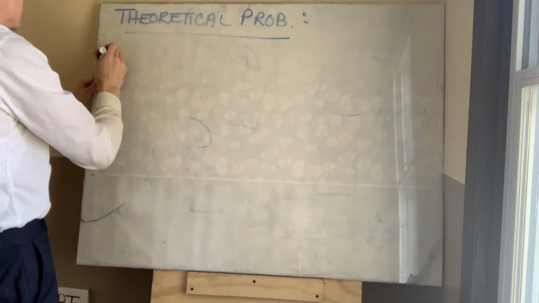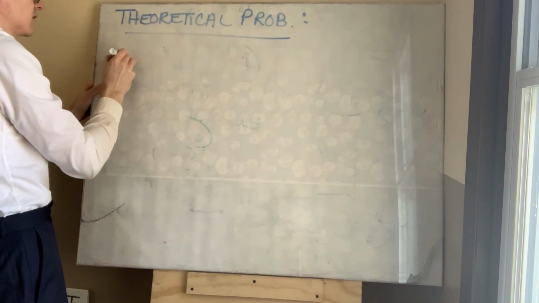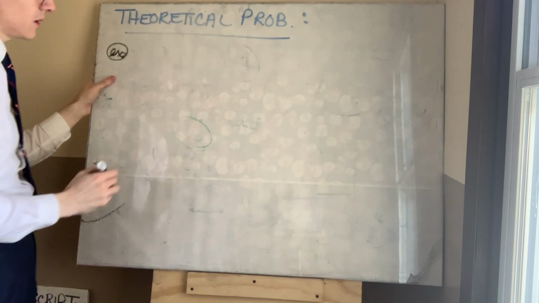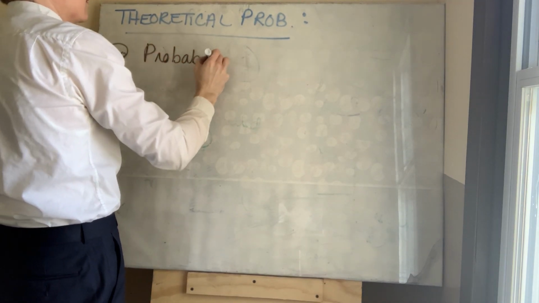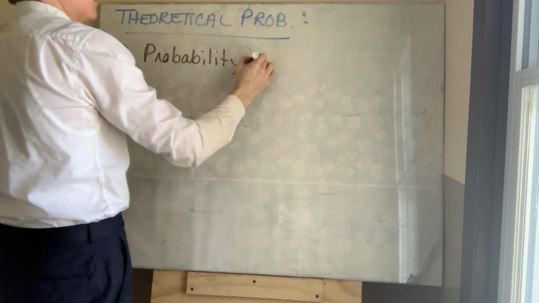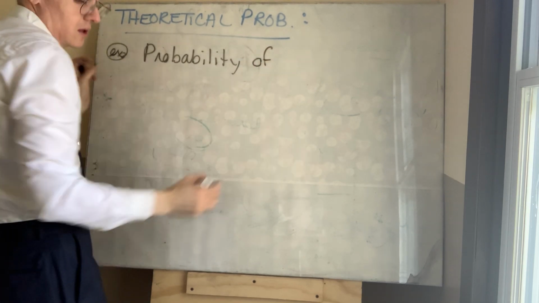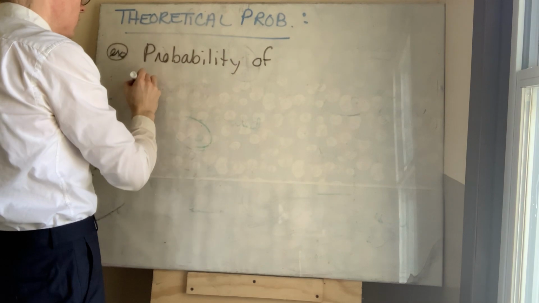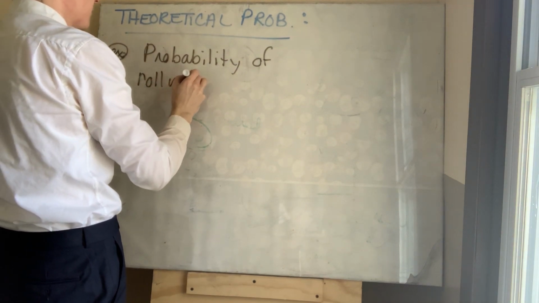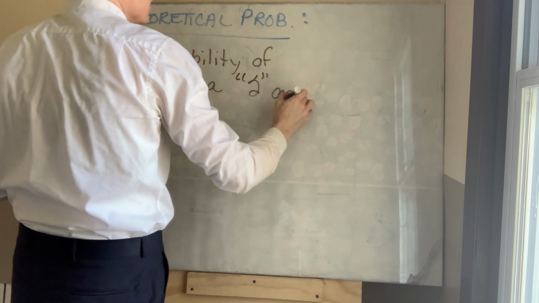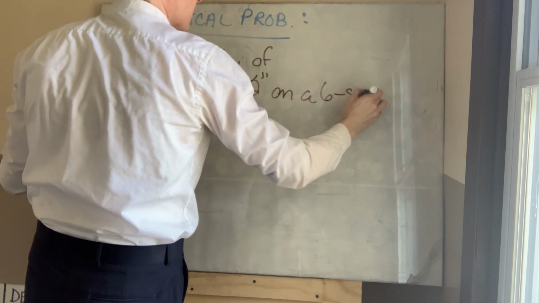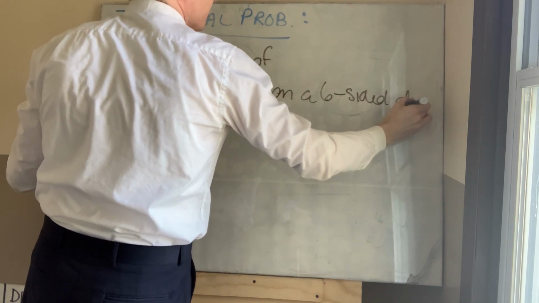Suppose that you were asked, theoretically, to calculate the probability of rolling a 2 on a 6-sided die.